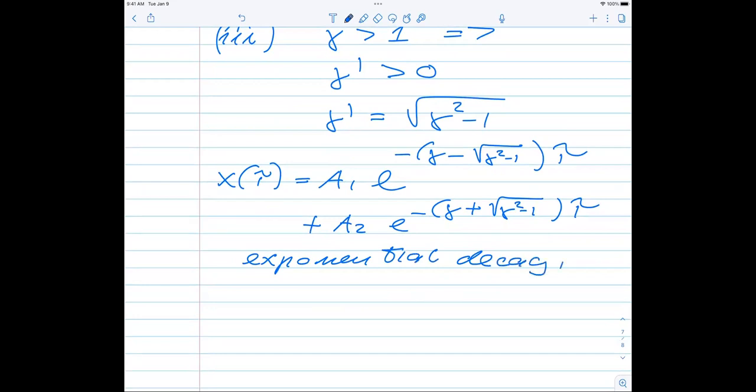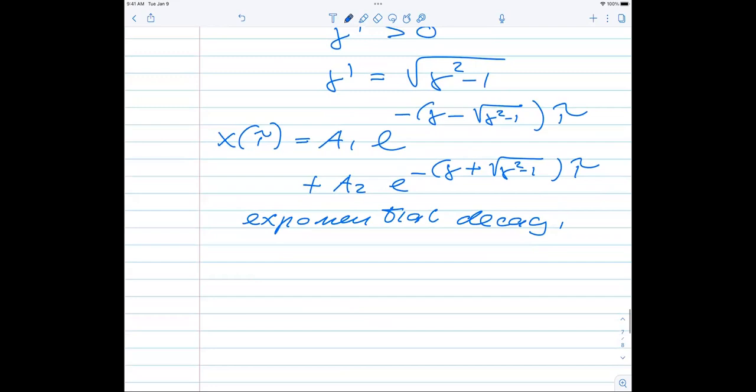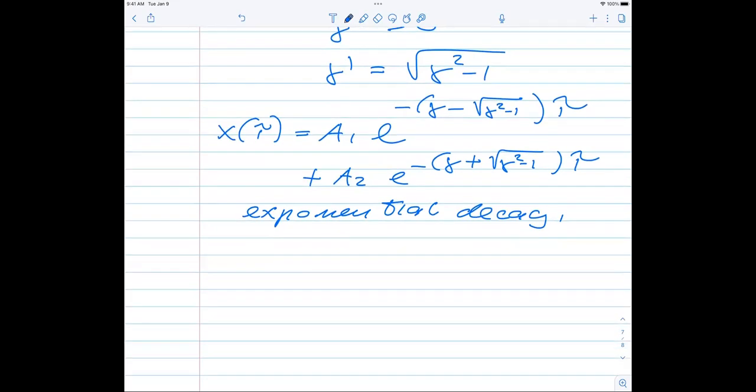So if gamma is made large, we can make some simple analysis here, because the long-term motion, if we have a large tau, will typically be dominated by the term which you see here.